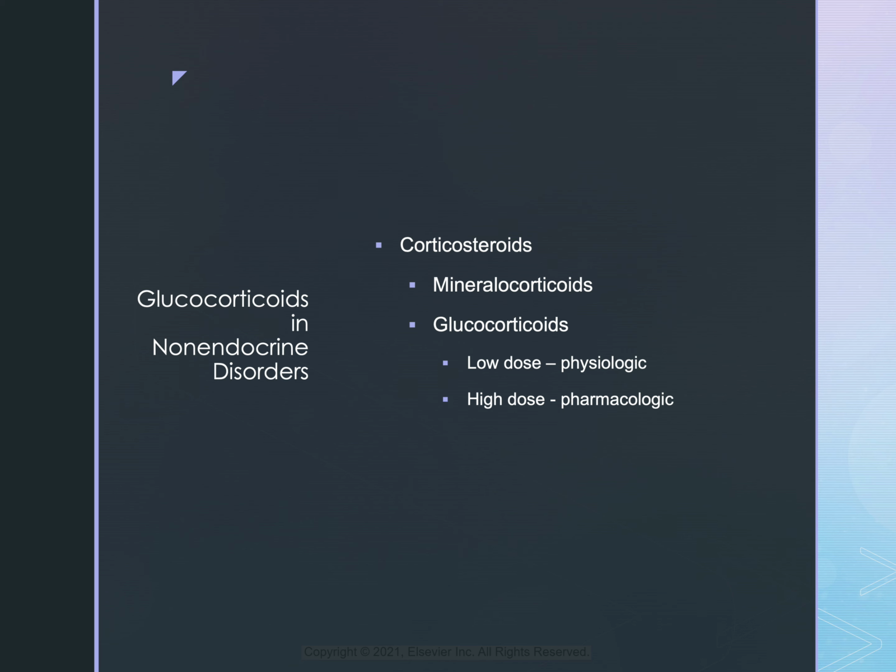So, in terms of physiologic effects, we're trying to think about the maintenance of our normal physiologic function. This can be elicited when we are providing our patients with very low doses of glucocorticoids. However, to contrast that, to achieve a pharmacologic effect, we really need to have higher doses.